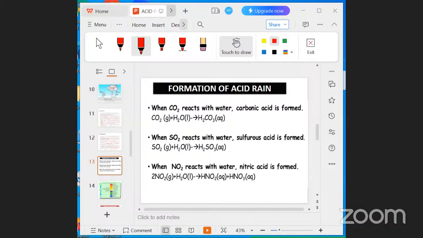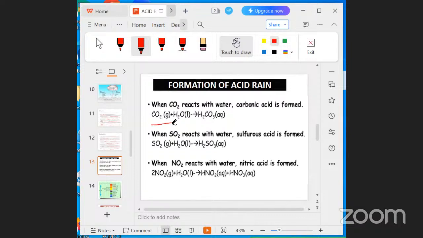So carbon dioxide is present in excess in the atmosphere and it combines with water present in the atmosphere. It forms what?